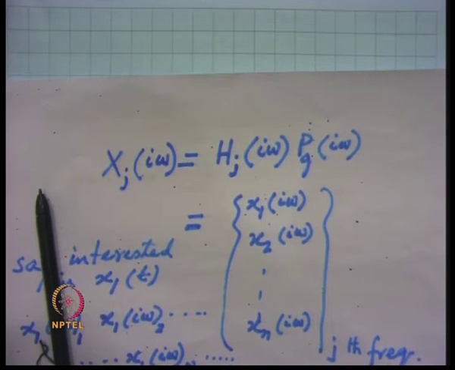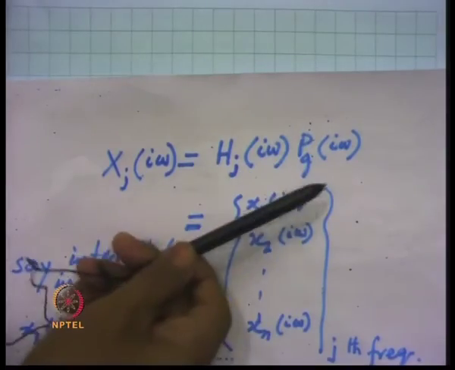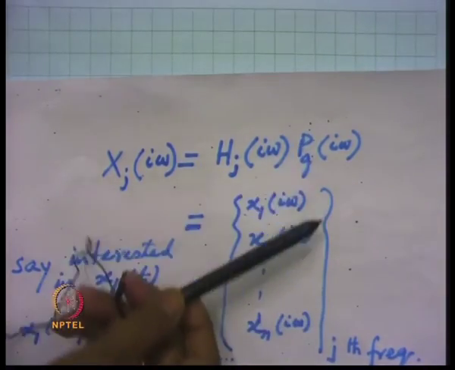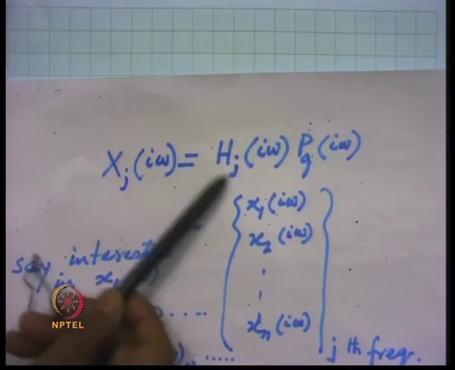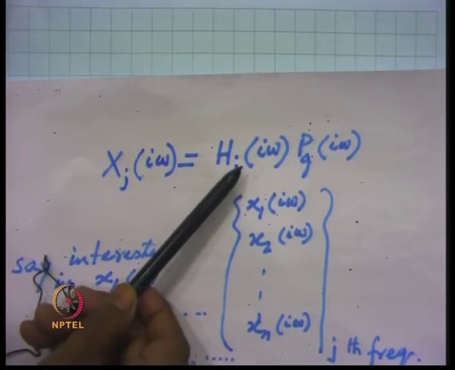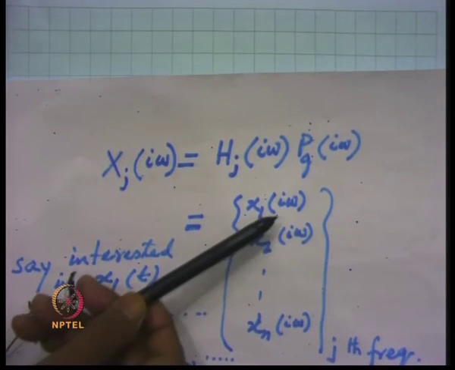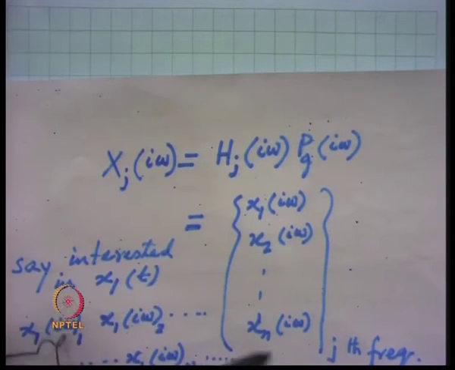Those different forces are all Fourier synthesized, and we get the value of P g(i omega), and this again becomes a vector for a specified value of omega. H becomes a matrix for a specified value of omega. If we multiply these two, it becomes a vector of size n.